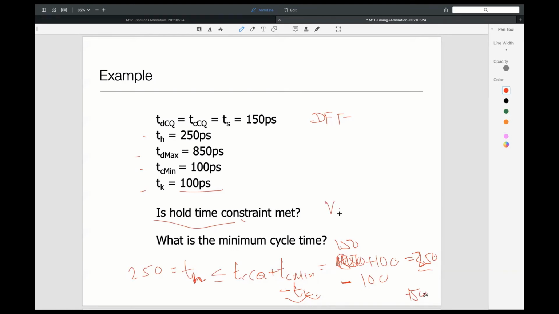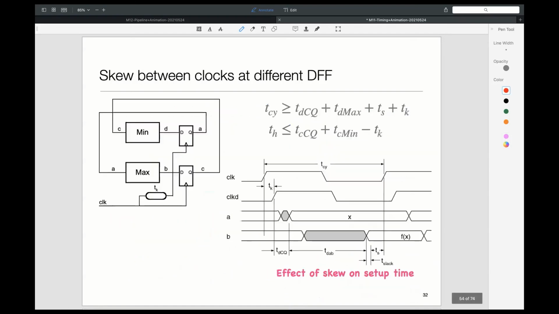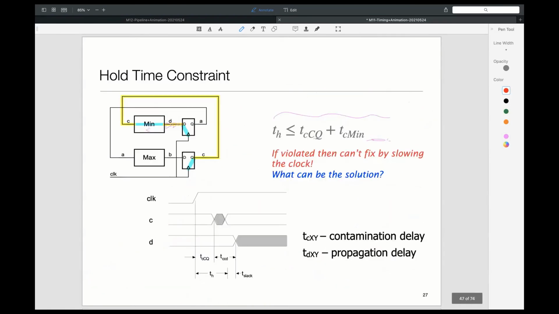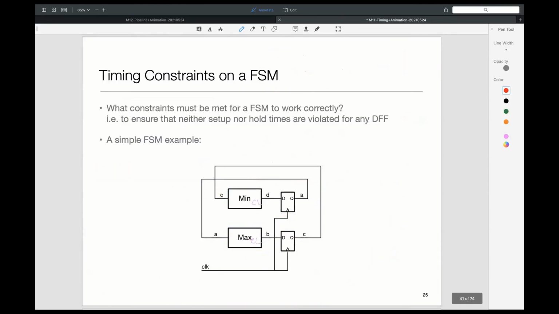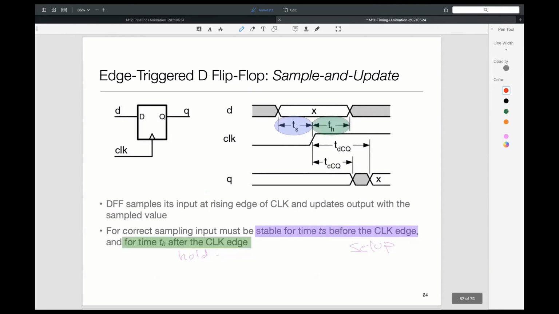Without skew, I was very evenly matched, but now there is a violation. Let me ask you the following. What is the minimum cycle time? So why don't one of you attempt this one, or all of you attempt and tell me, what do you think? Just to refresh your memory, originally my cycle time was, let's go back.